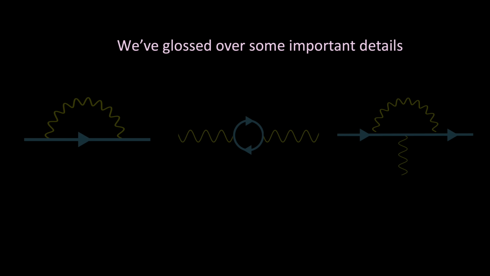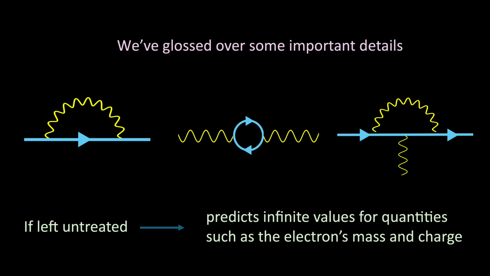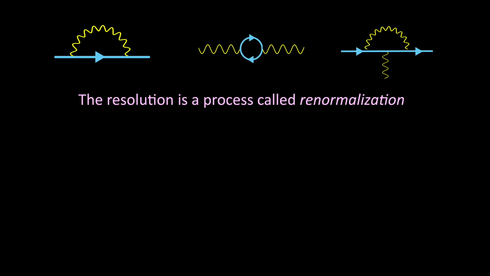Now, it's worth saying that we've glossed over some important details. When we evaluate diagrams involving loops in quantum electrodynamics, it requires integrating over the momenta of the virtual particles. These integrals extend to arbitrarily high energies and, taken literally, produce infinities. If left untreated, the mathematics would predict infinite values for quantities such as the electron's mass and charge. The resolution is a process called renormalisation.